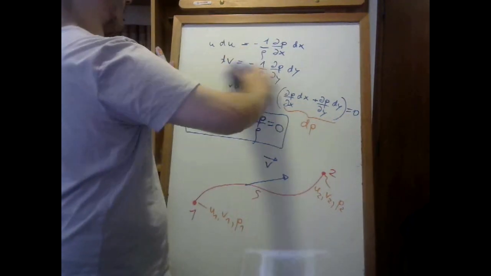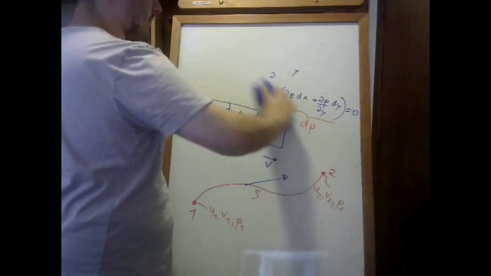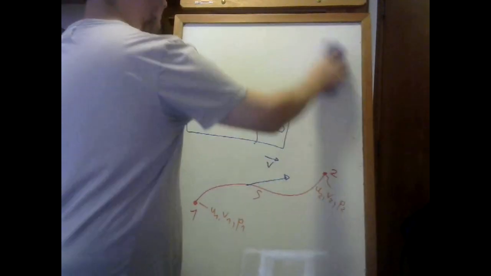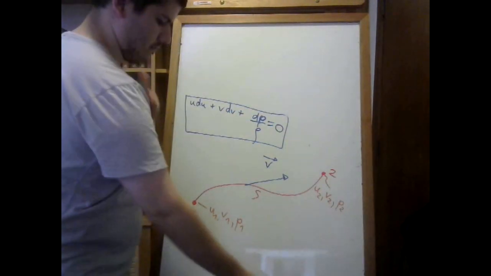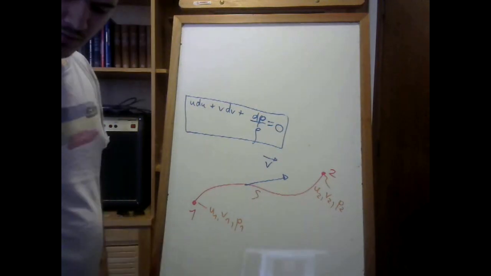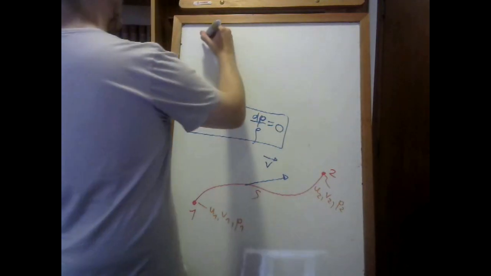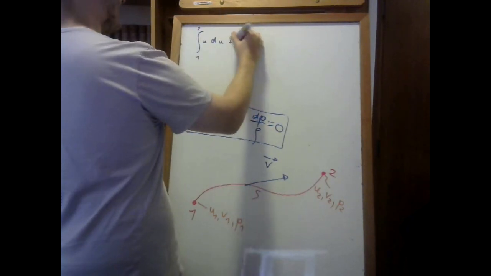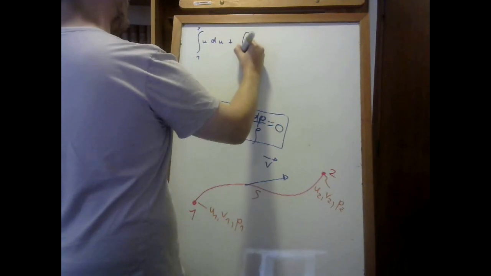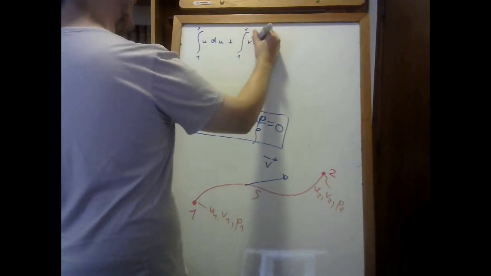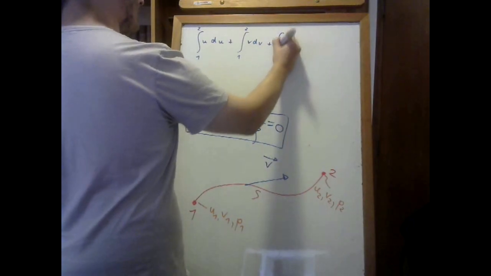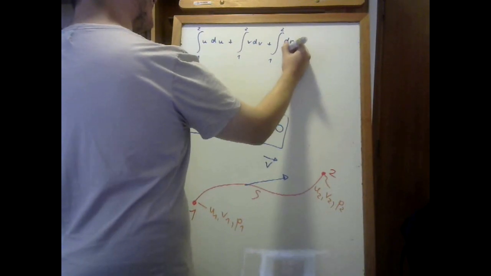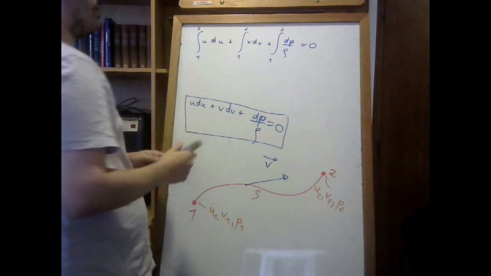So integrating this equation here, we obtain the following. So the integral of u du from 1 to 2 plus the integral of v dv from 1 to 2 plus the pressure term equals 0.